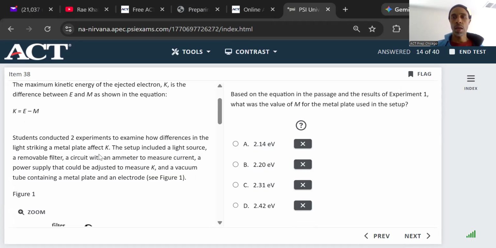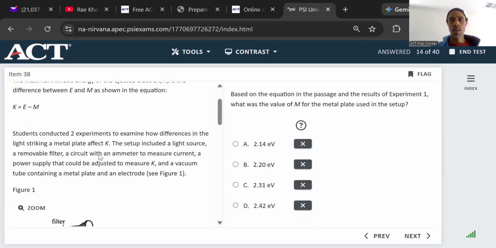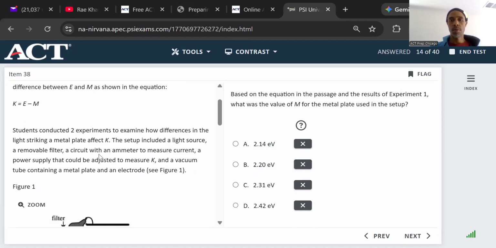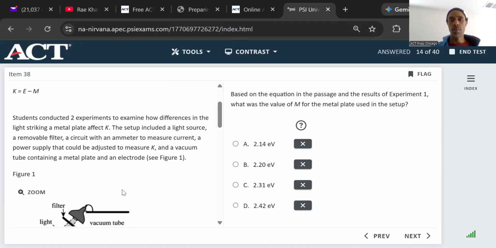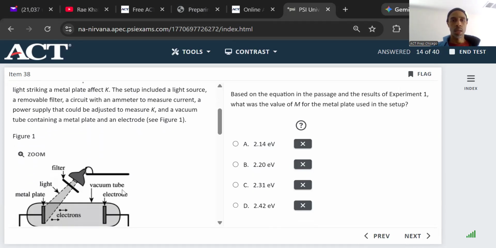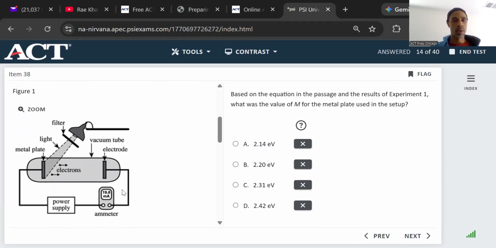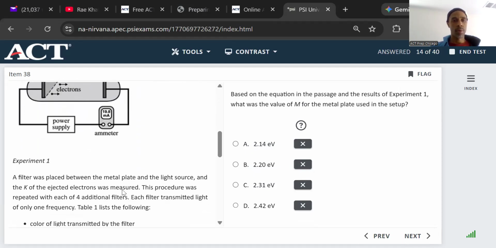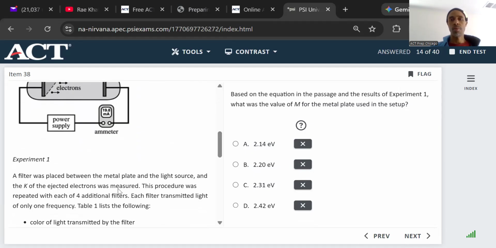So what is E and K for experiment one? Based on the equation in the passage and the result of experiment one, where's E and K? The filter is placed between the metal plate and the light source, and they measured the K of the ejected electrons. How do we know which one they're talking about?